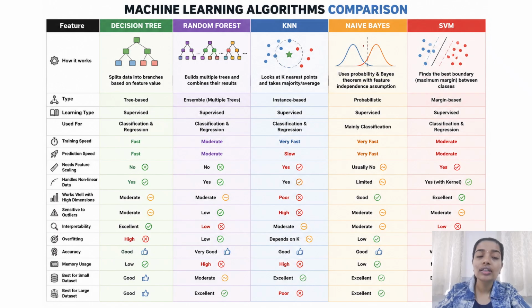Then the third algorithm that we discussed is the decision tree. It is basically a tree based algorithm. We have Gini index and information gain that we use for splitting the data. We start with a root node, then we select the feature that gives us the best results.